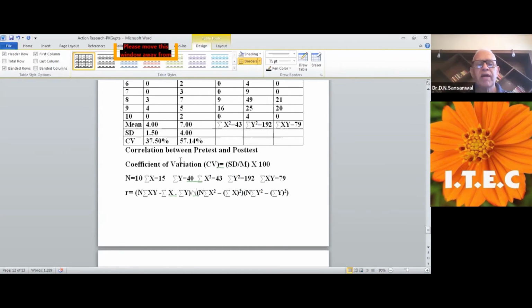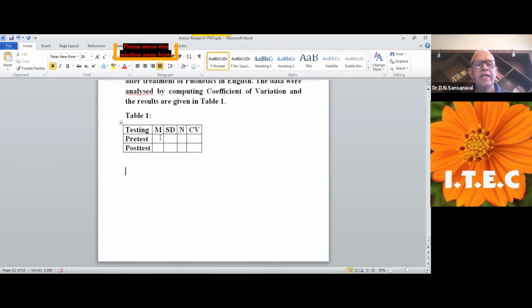So let me write that. And here I say the mean was 4.0, and this was 7.0, and then SD was 1.50, and this was 4.0, and you know the n was 10 here.